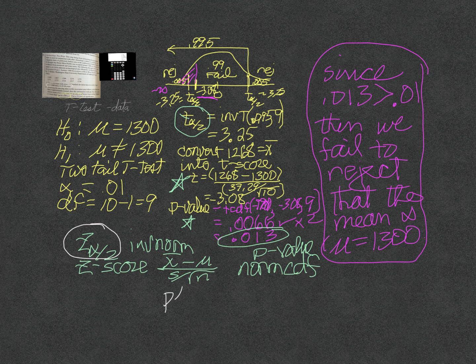You'll have p prime minus the population proportion divided by the square root of PQ over N, where P is the probability of success, or excuse me, P prime, Q prime. And Q is the probability of failure, and N is the size of the sample.